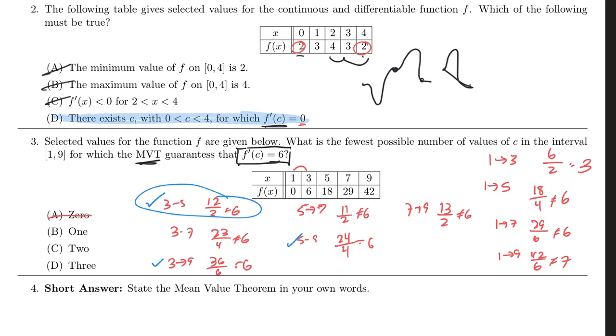The difference in the x values is 9 and 3, so that's 6. So 36 divided by 6 is 6, so that one definitely works. And lastly, 5 to 9, 42 minus 18 is 24. Our difference in our x values is 4, so 24 divided by 4 is 6. That one also works. All right, so our final answer should be 3.